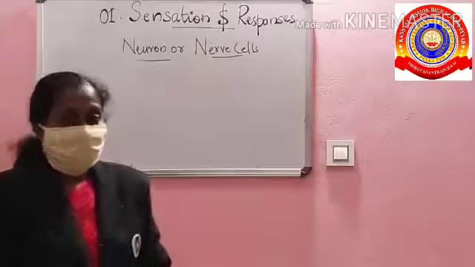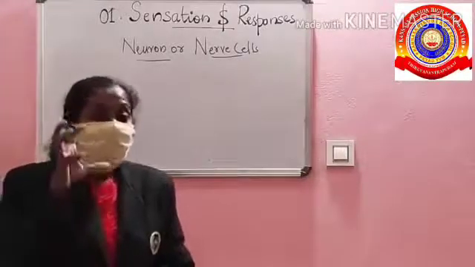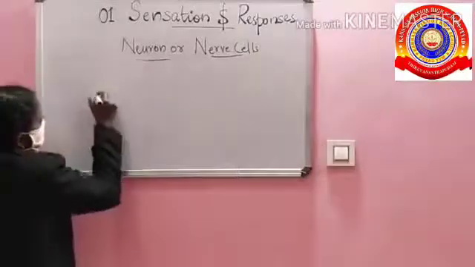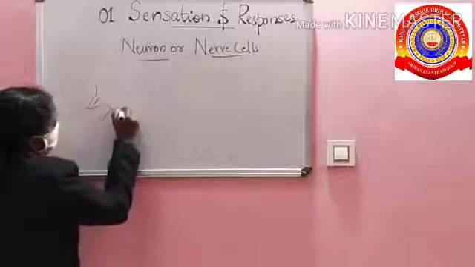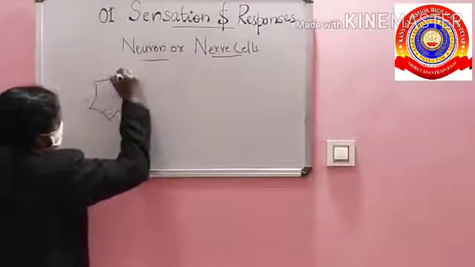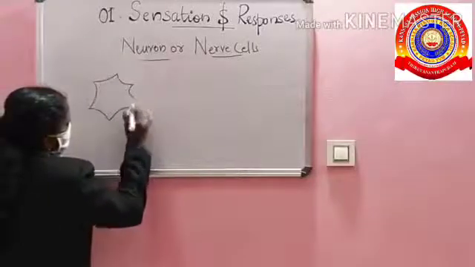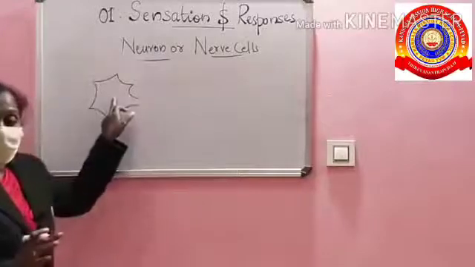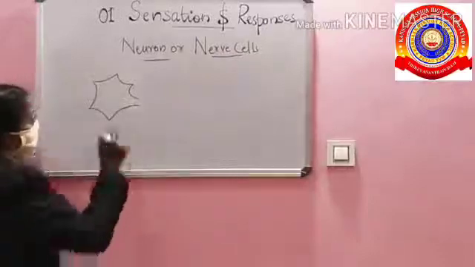Structure of the neuron. The neuron contains a head part called cell body. This cell body is made up of cell membrane and it is filled with cytoplasm.